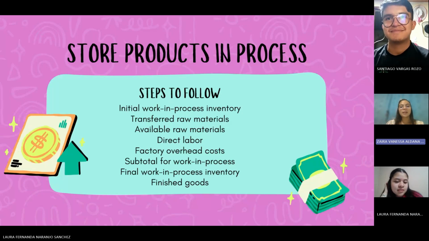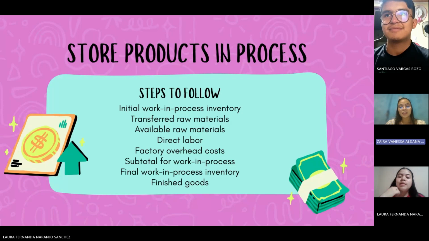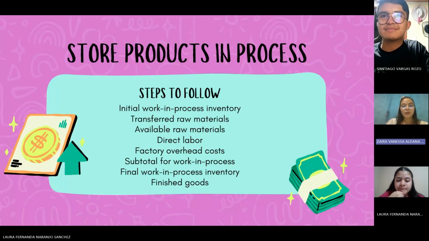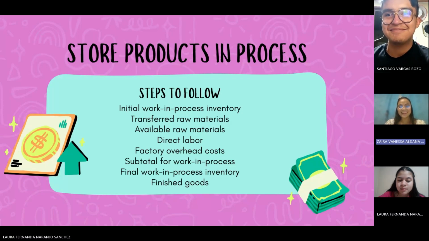4. Direct labor, wages and benefits of workers directly involved in production. 5. Factory overhead cost, expenses not directly attributable to the products, such as maintenance and energy. 6.